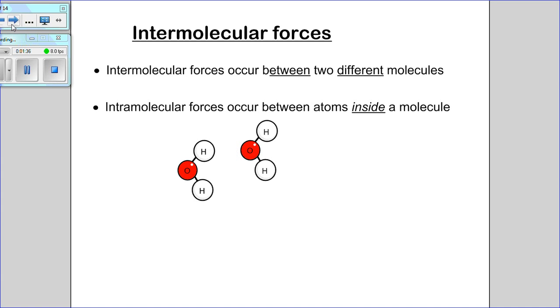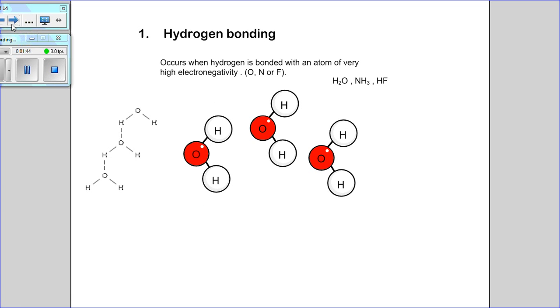Now, continuing, the first type of molecular force which we will be looking at, and that is the strongest intermolecular force, will be hydrogen bonding. Now, hydrogen bonding occurs when hydrogen is bonded with an atom of very high electronegativity. So oxygen, nitrogen, or fluorine are atoms that have a very high electronegativity.